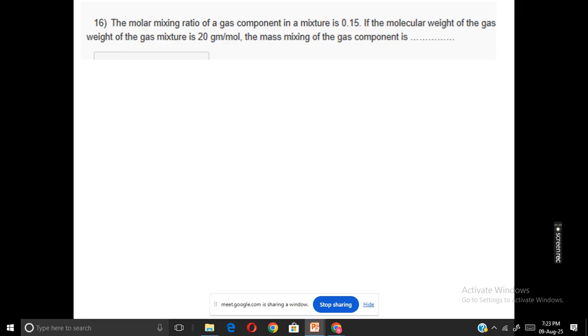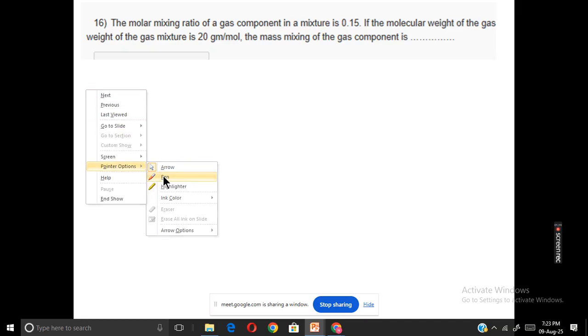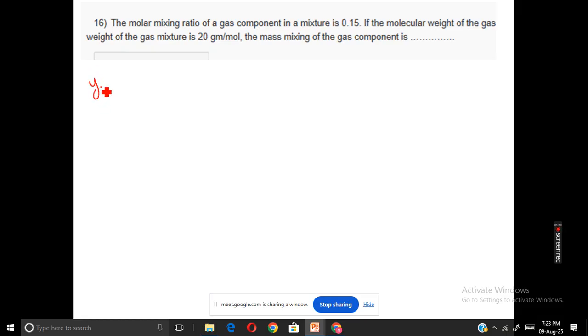Now the question is: the molar mixing ratio of a gas component in a mixture is 0.15. Molar mixing ratio means in terms of moles, we are telling how many moles of this particular gas are present relative to the total amount of gas mixture.